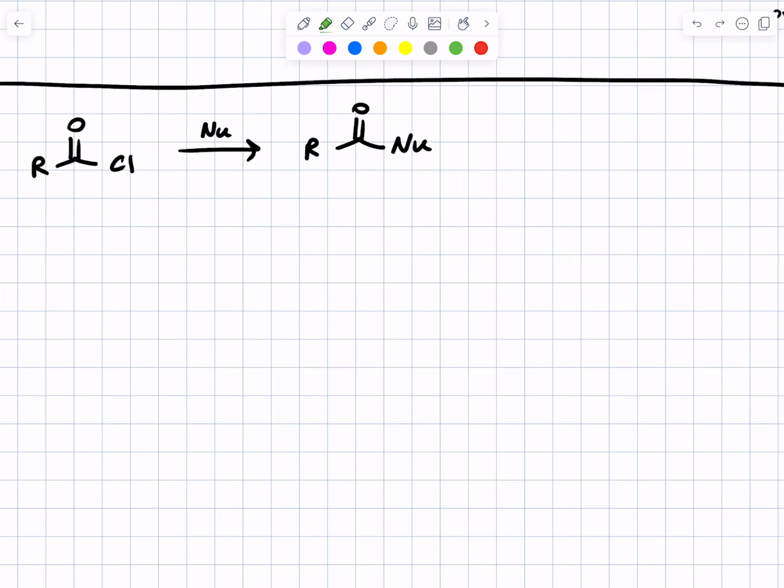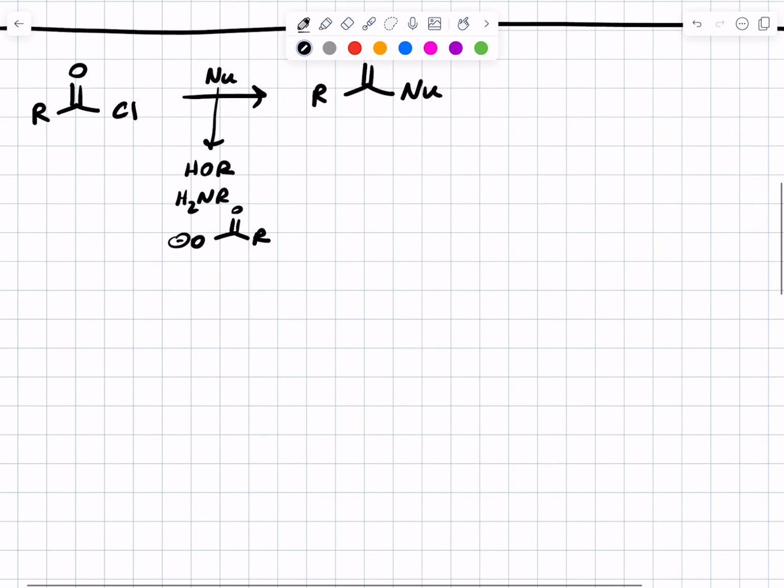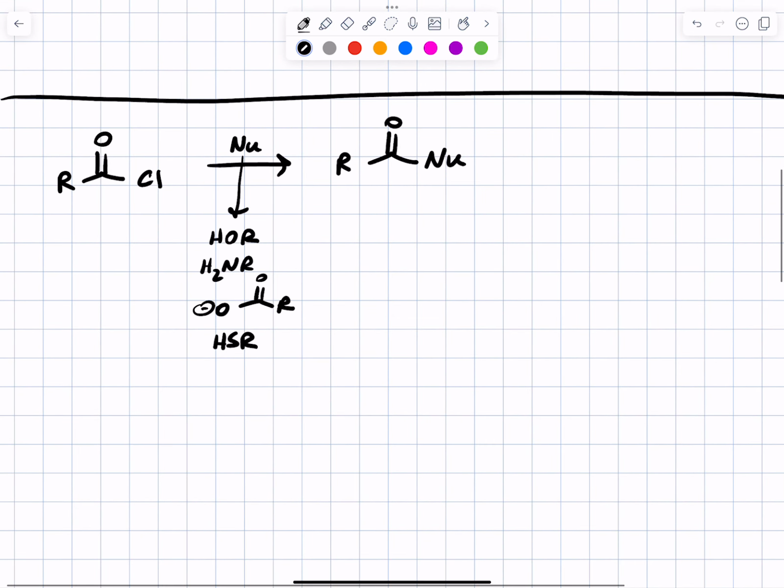Here, for nucleophiles, what we're talking about are alcohols and amines and carboxylates, potentially also thiols. But these kinds of nucleophiles do substitution, nucleophilic acyl substitution reactions on acid chlorides.